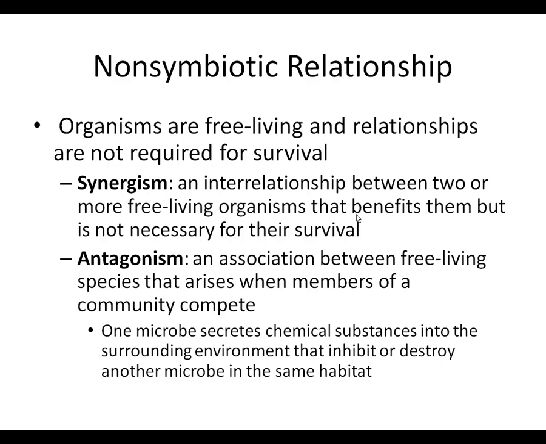The Streptomyces species of bacteria and the Bacillus species of bacteria have antagonistic relationships with other organisms because they secrete chemical substances that we have purified into antibiotics. And those antibiotics that are secreted by these organisms inhibit the growth and metabolism of organisms in that same habitat.